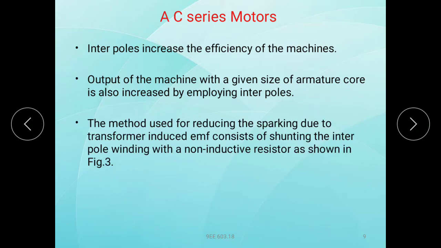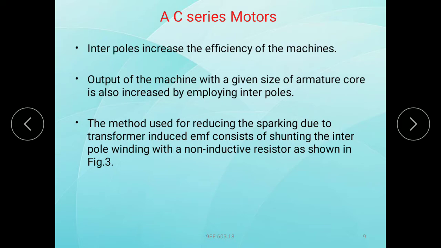The method used for reducing the sparking due to transformer induced EMF consists of shunting the interpole winding with a non-inductive resistor, as shown in figure 3. Here, how to reduce the sparking?